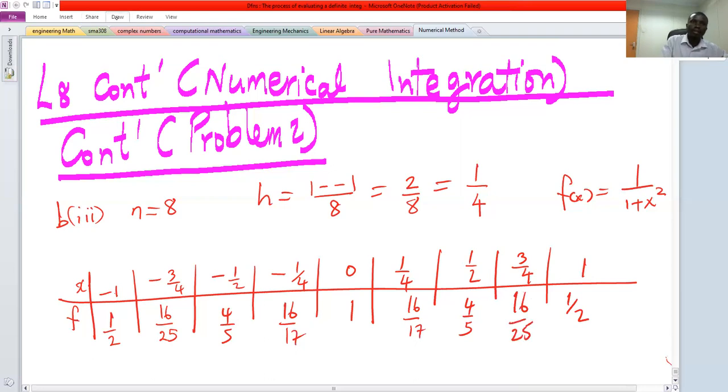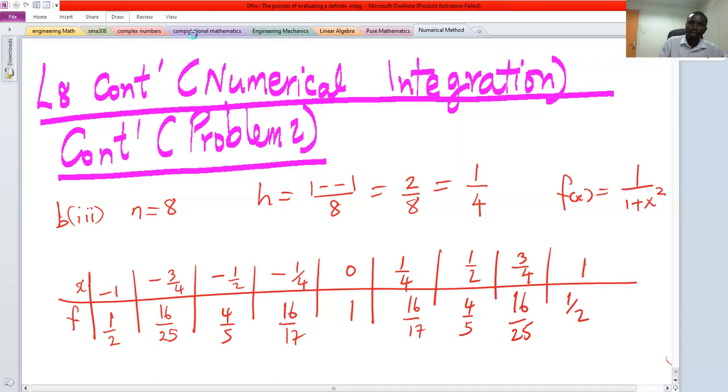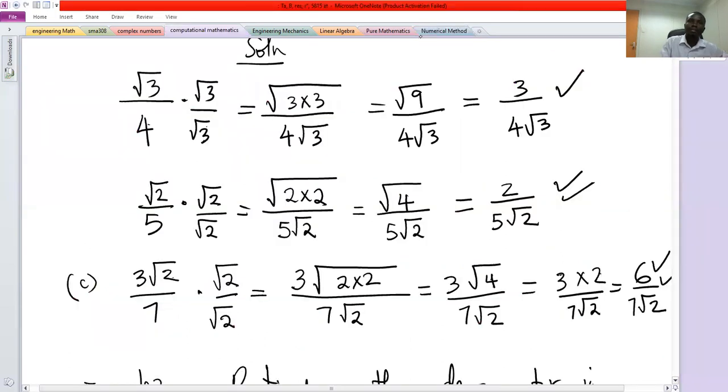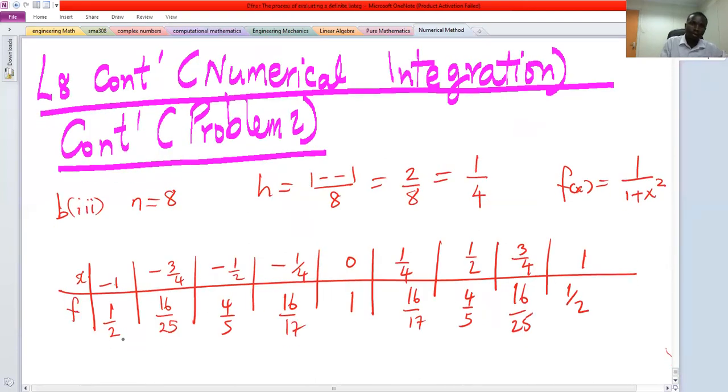Now, once you have generated this table, let this one be F0, and then F1, F2, F3, F4, F5, F6, F7, and then F8.